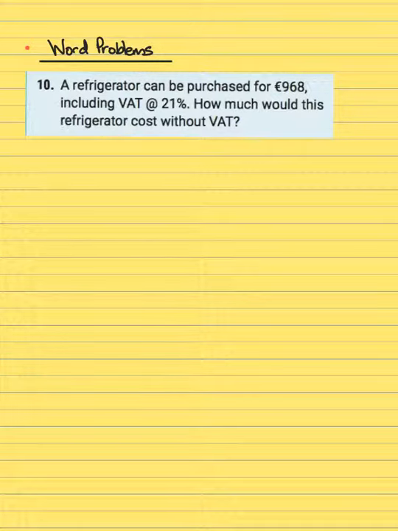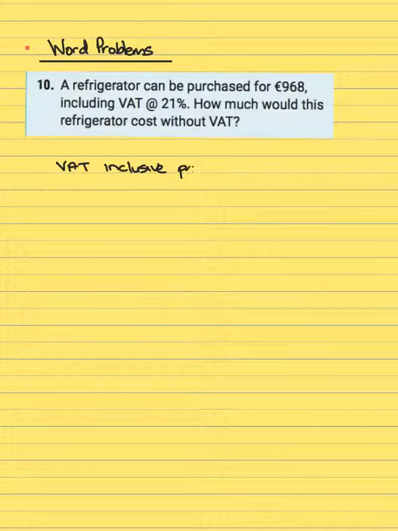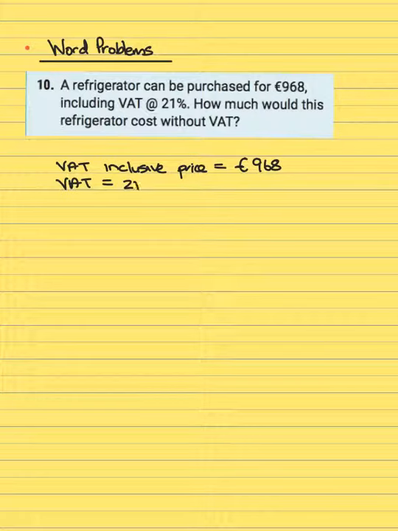So clearly the VAT inclusive price is the 968. So we'll just go through that question. The VAT inclusive price is 968. And remember, that's 100%. It's always 100% before the VAT is added on. So the VAT, which is 21%, means that this VAT inclusive price is 968.